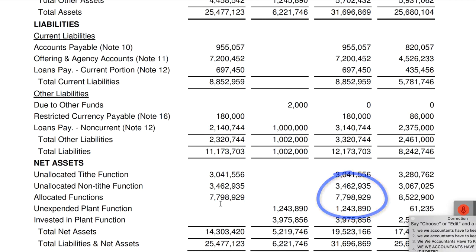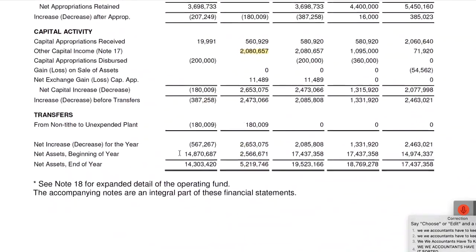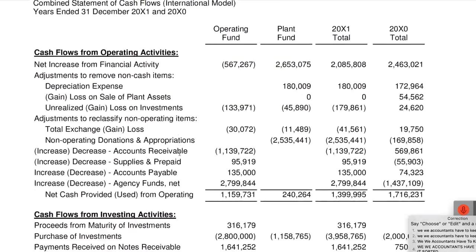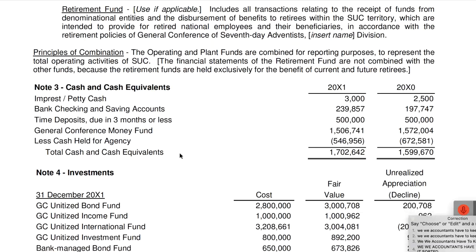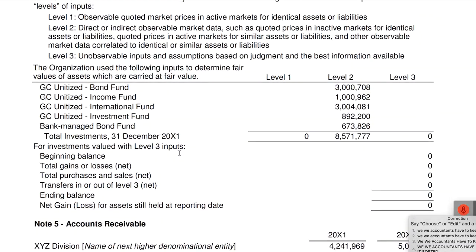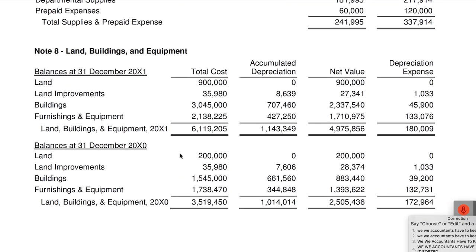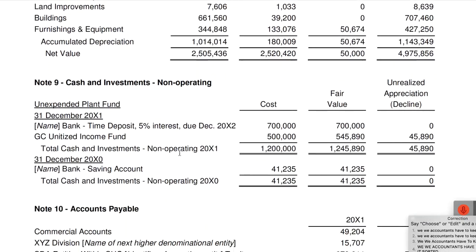So this calculation is done in the financial statements, back here in the back of the financial statements. All of them have it. It's a church requirement. If your financial statements don't have it, then you are out of policy.